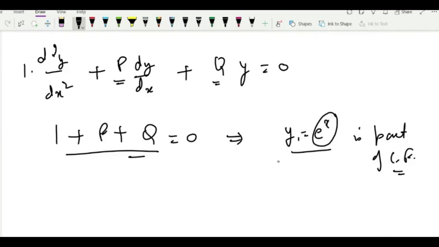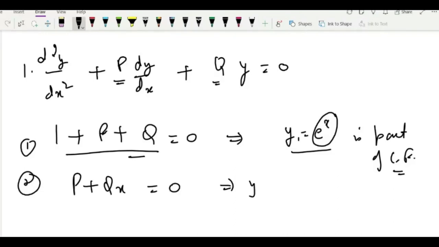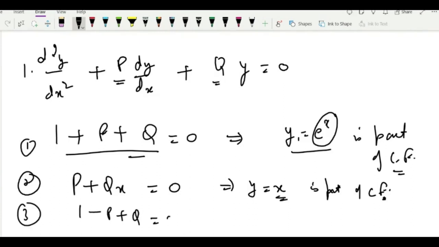And similarly, if you verify the relation p plus qx is equal to 0, then you can say y is equal to x is part of the CF. And if 1 minus p plus q is equal to 0, then you can say y is equal to e raised to power minus x is part of the CF.